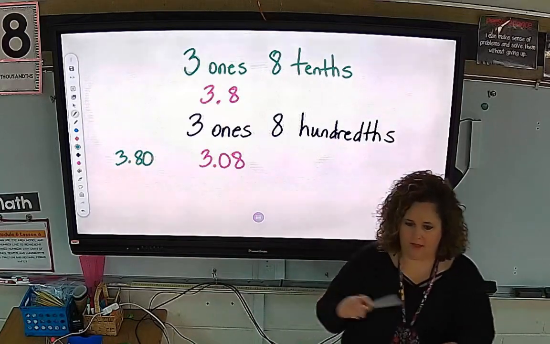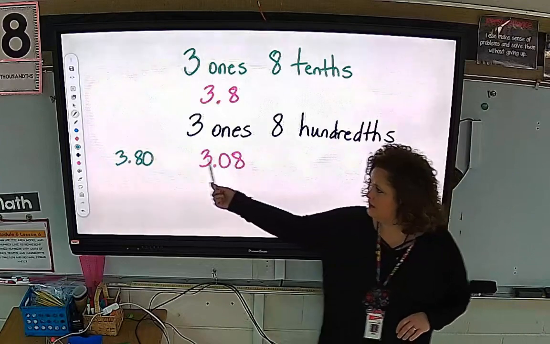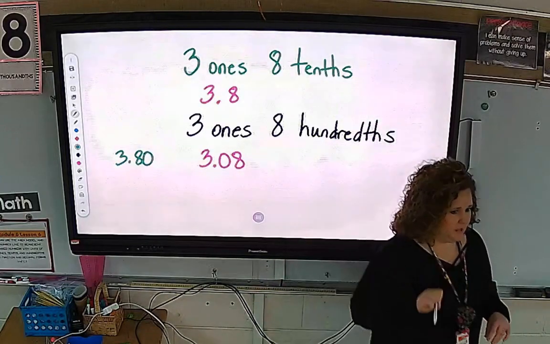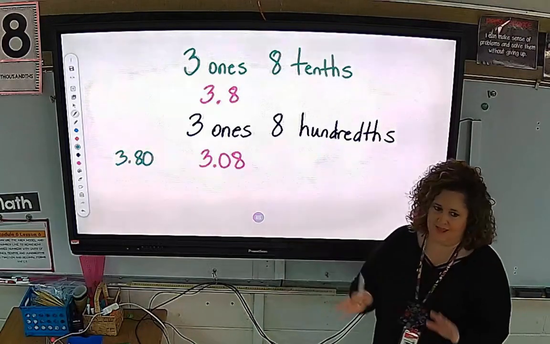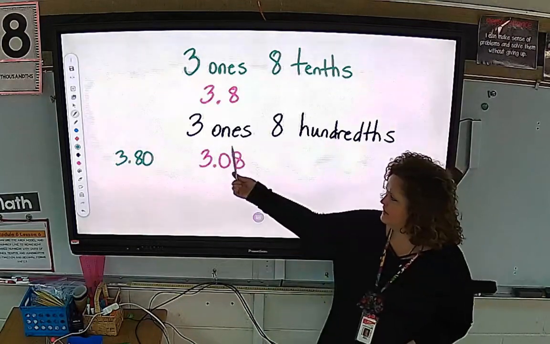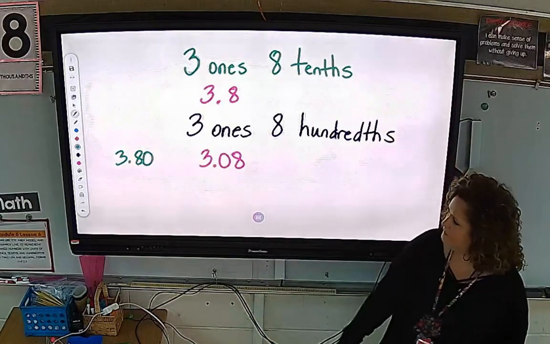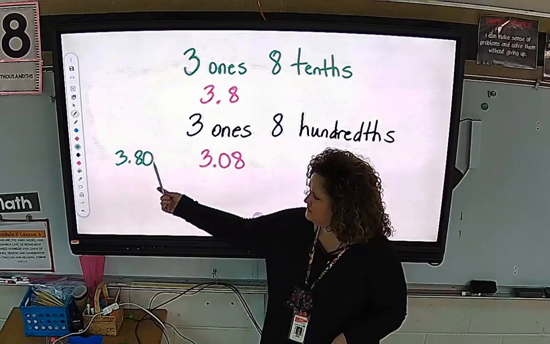Okay? That is where that 0 makes a difference. This is 8/100. This is 80/100. You see the difference? Okay. If it's just 8/100, you're going to have a 0 here because there's no tenths. Okay. This is also 3 8/10.